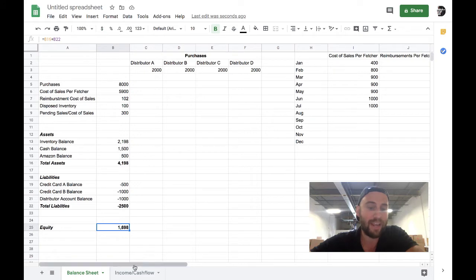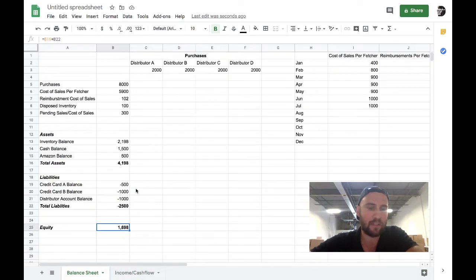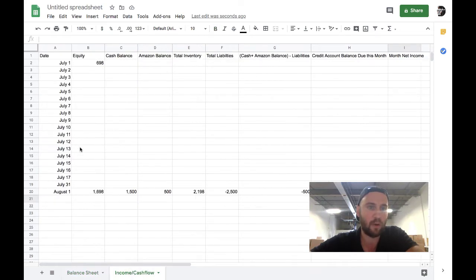To track your income, you are simply going to perform this analysis every month and compare it to the prior month. So whatever my equity was in the prior month, however that's changed over the course of the month, that will either be my income or loss.